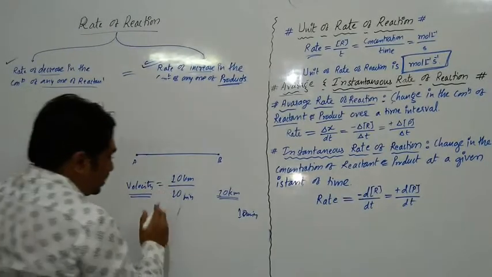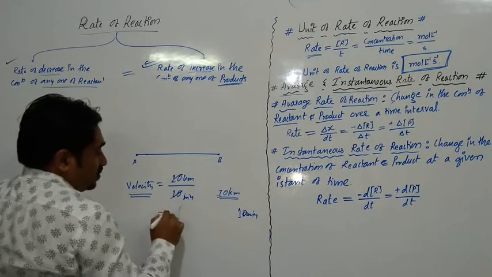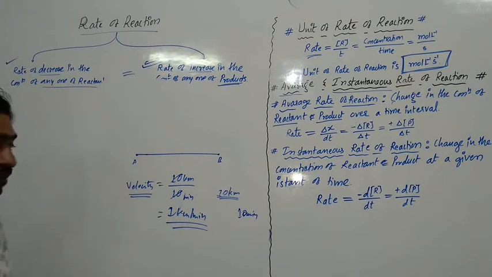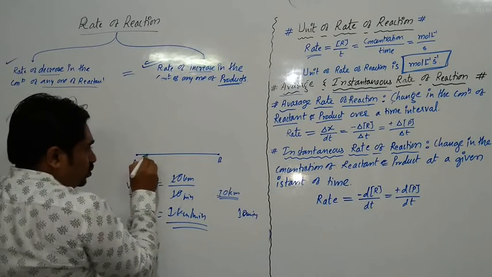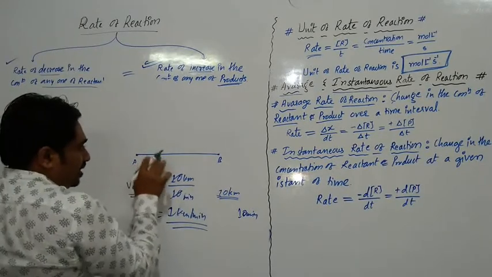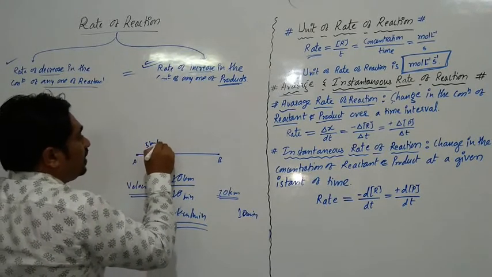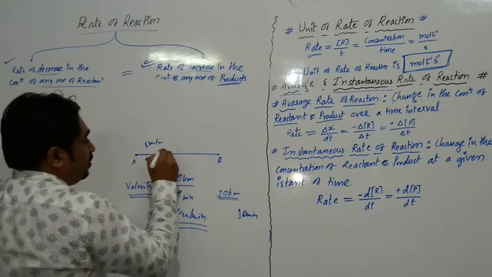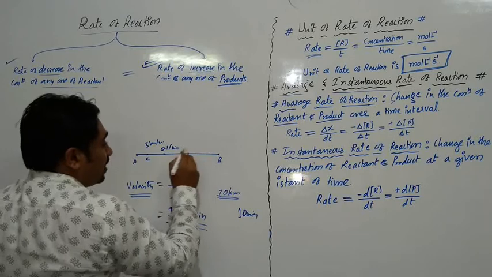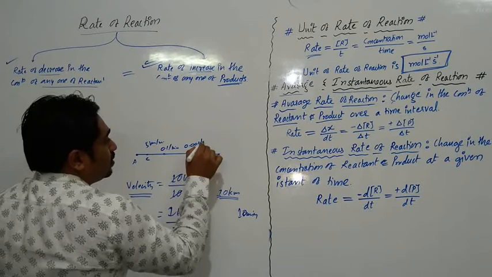See here, it will be 1 km per minute from point A to point C. On reaching from A to B, at the point C, the velocity of the vehicle may be 5 km per minute, or here it may be 0.1 km per minute, or at this point the velocity of the vehicle may be 0.001 km per minute.